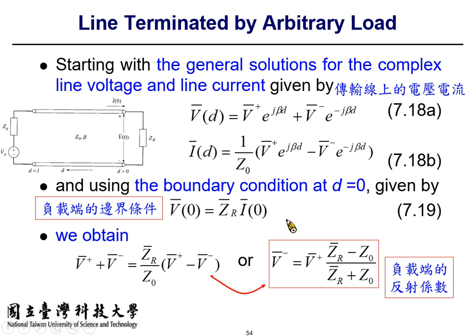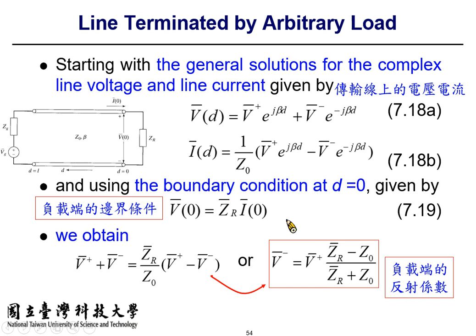If you massage this equation a little bit, you can find the ratio V minus over V plus equals Z_R minus Z_0 divided by Z_R plus Z_0. Don't you feel that this looks familiar? This is the definition of the reflection coefficient.